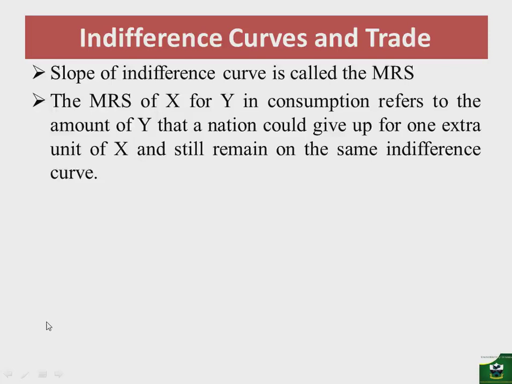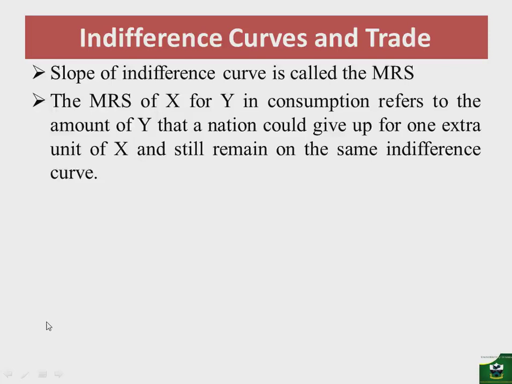In other words, it's the rate at which one commodity can be substituted for the other in consumption and still leave utility unchanged. So, if the community decides to consume more of X and less of Y, given the indifference curve, it means that their satisfaction level will not change.